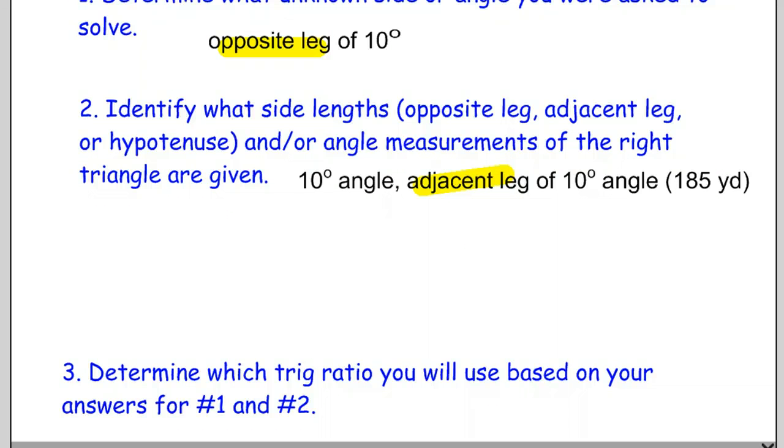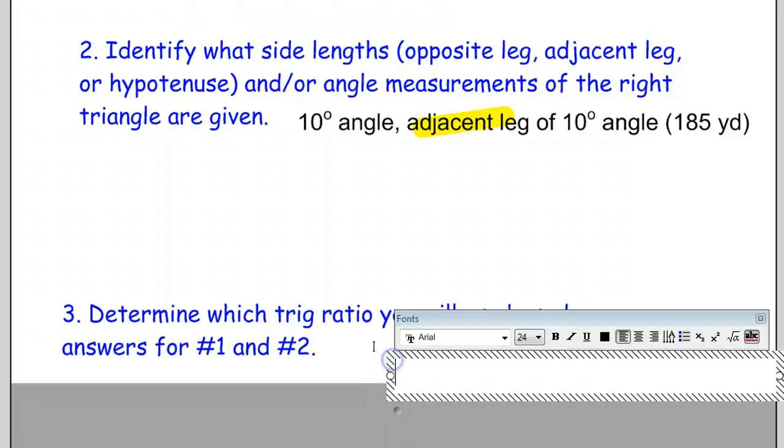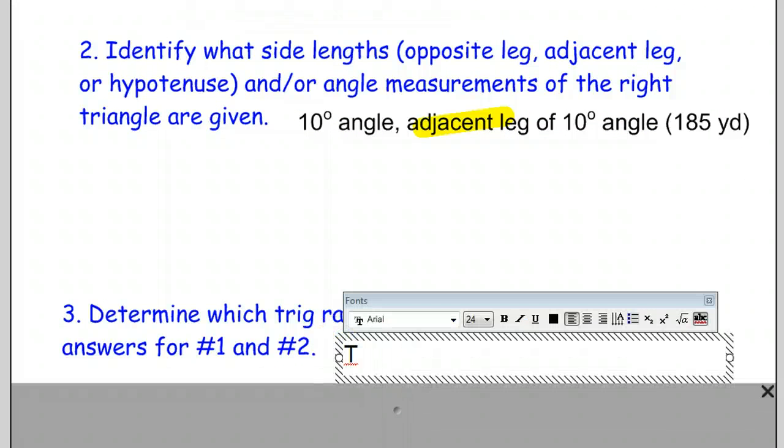Well, if you said tangent, you're absolutely correct. At this point, you can use the circles that I showed you on page 93, or you can set up the tangent ratio and solve this problem.